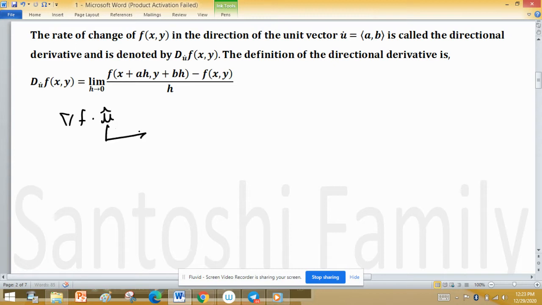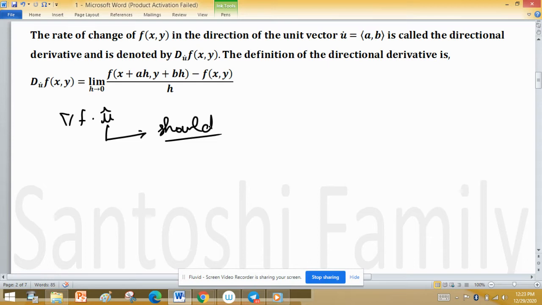It is not necessary that it should be a unit vector, but sometimes the writer uses a unit vector for convenience. Most writers use a unit vector, and in most questions the unit vector is given to us.